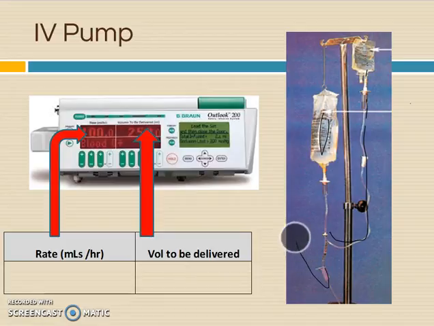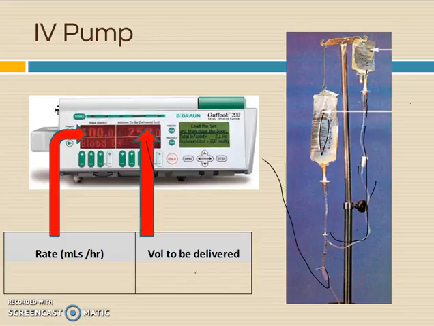And then it's hooked into the pump down here after the bifurcation for the piggyback. So the pump is going to pump away at the rate that it's set to, but it doesn't really know whether you're putting in the medication or the primary IV. You program the primary IV here, the piggyback IV here. When the volume to be delivered for the piggyback is finished, it reverts back to the primary IV.